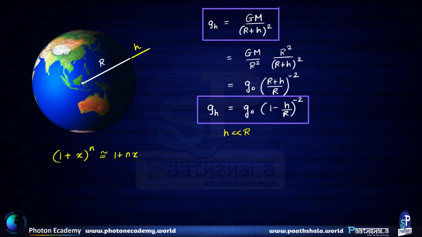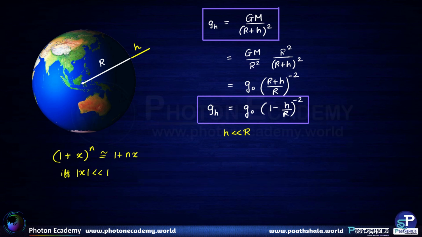So this happens if mod of x is less than 1. So it's very small compared to 1, let's say even lesser than 10% or 5% of 1.